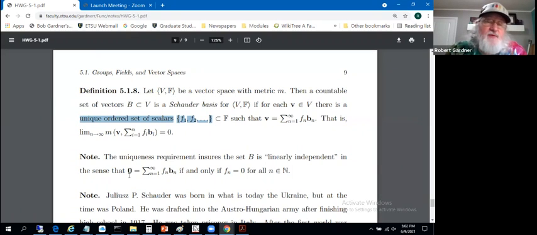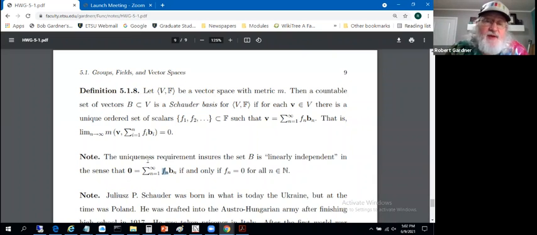If we wrote the 0 vector as, I won't call this a linear combination under the new rules, the rules of having a Schauder basis. If you write the 0 vector as a sum of all these b sub n vectors, then it must be that the scalars are 0. This occurs if and only if the scalars are 0, because I can take the scalars to be 0.